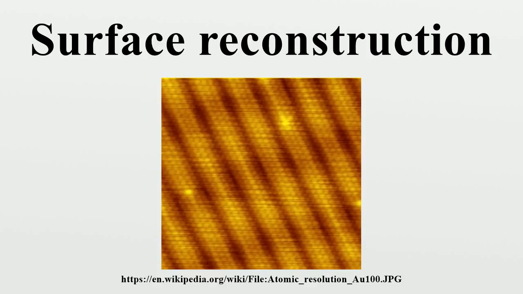The reconstruction of a surface with adsorption will depend on the following factors: the composition of the substrate and of the adsorbate, the coverage of the substrate surface layers and of the adsorbate, measured in monolayers, and the ambient conditions.